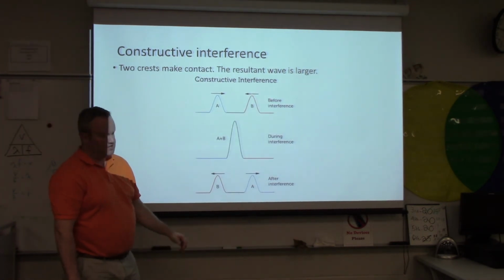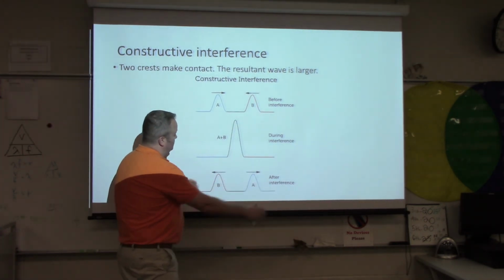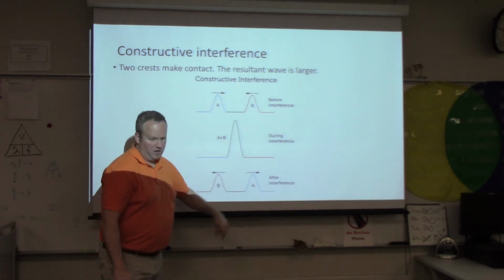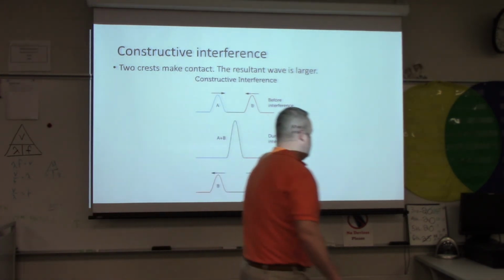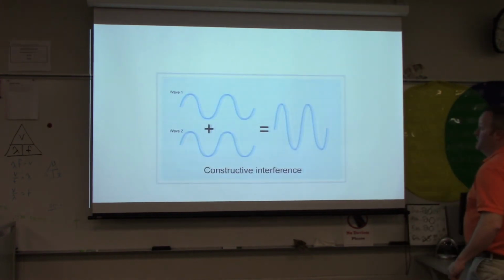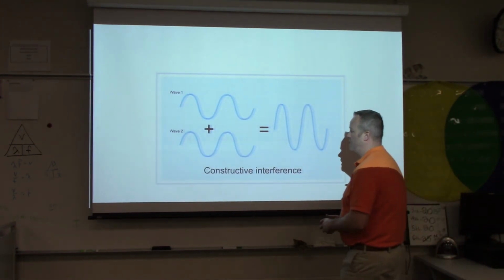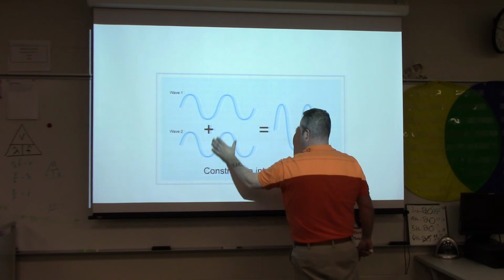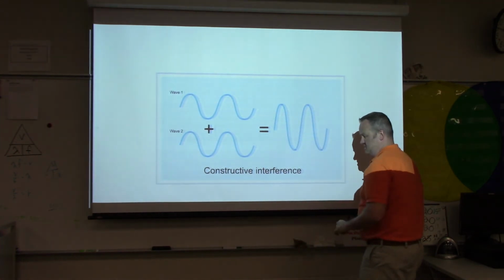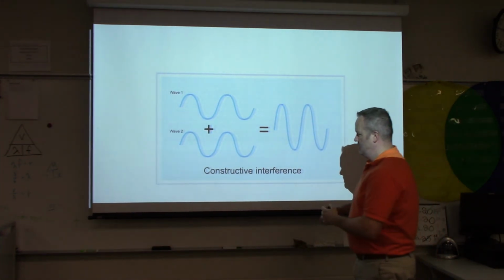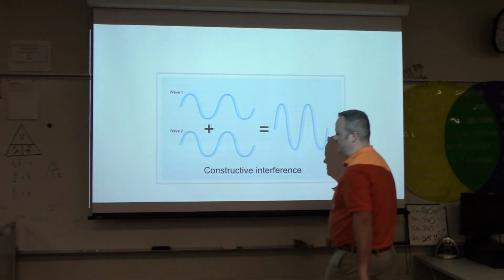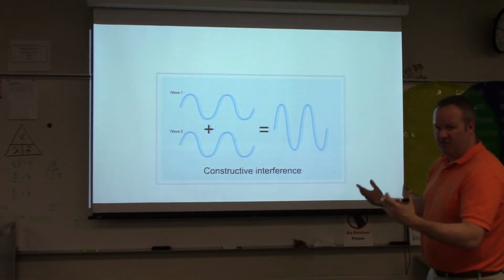Once that interference is over, they'll keep going in their own direction, and they will split apart. Another way to conceptualize constructive interference, this plus this equals the wave that is twice the size essentially. You're combining the amplitude, you're constructing the amplitude to have a much larger wave.